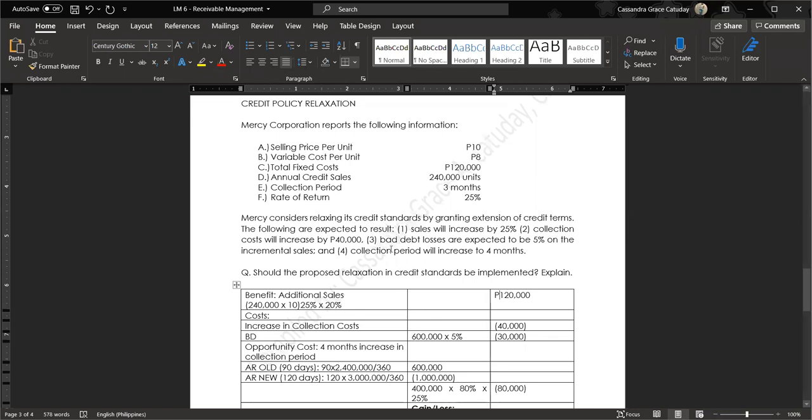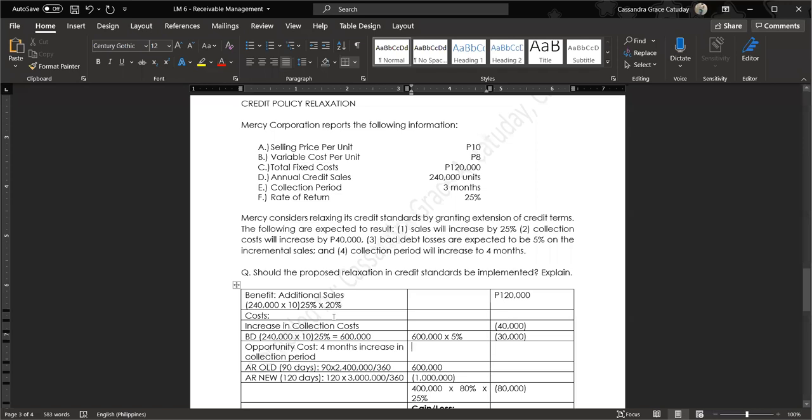If we relax the policy, we will have an additional 600,000 in sales. The bad debt losses are 5% of the incremental sales, so we multiply 600,000 by 5%. We get 30,000 in bad debts. It is negative because it is a loss on our part. Okay? Is it clear where we got the 600,000? Yes, ma'am. Okay, I will just write here that it equals 600,000.